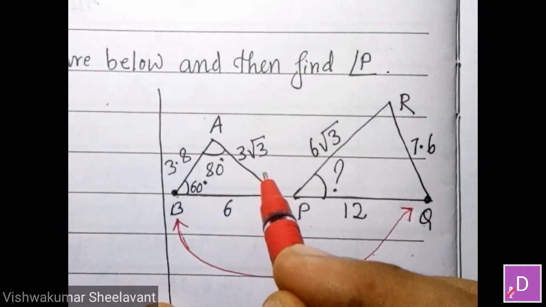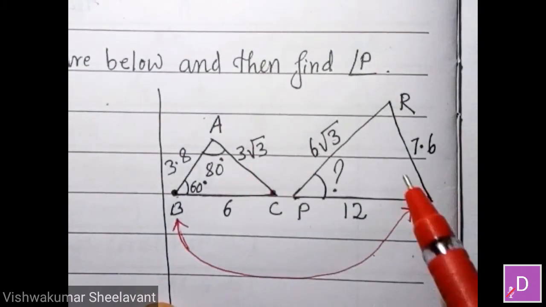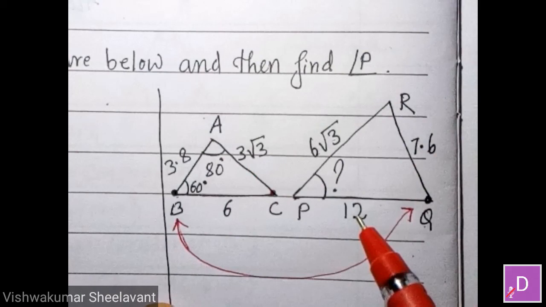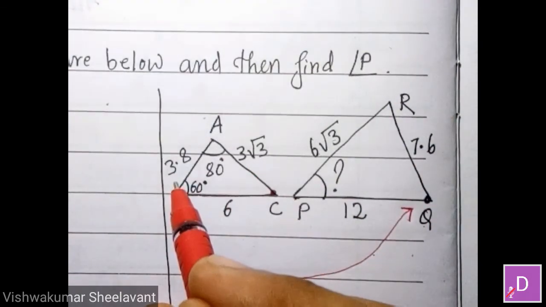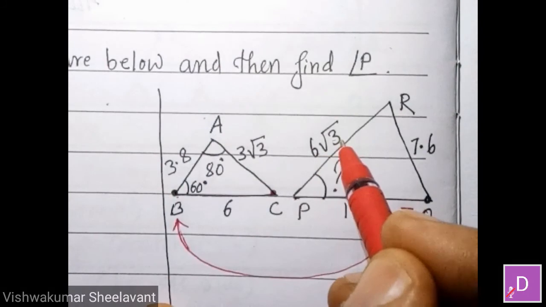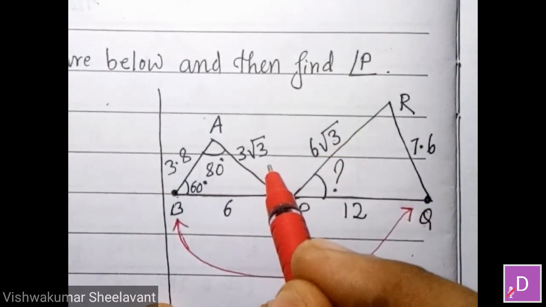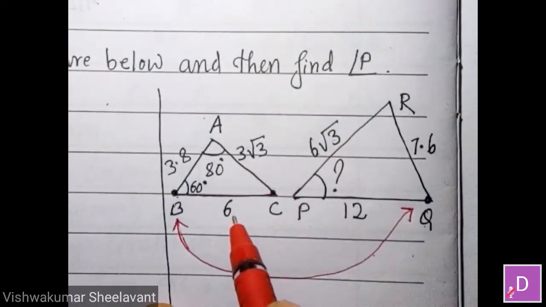Is it okay? Here the side ratio is equal to 2. Please remember, understand that. 7.6 by 3.8 is 2. 6 root 3 by 3 root 3 is 2. 12 by 6 is also 2. Okay.